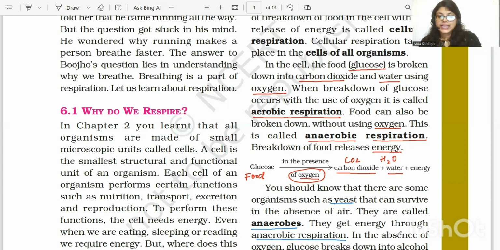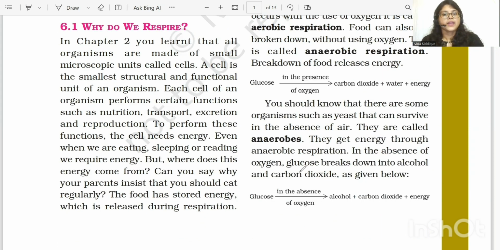So in the absence of oxygen, अगर oxygen available नहीं है, they will break down this glucose into alcohol and carbon dioxide along with generating energy. Okay, so same thing, energy is released, but in the absence of oxygen. And energy के साथ और क्या-क्या form होता है?